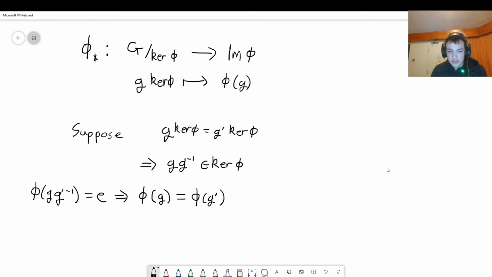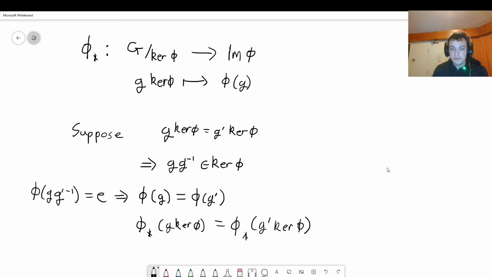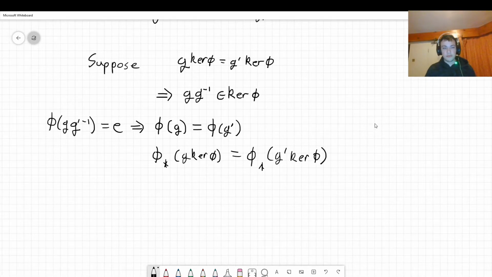And so phi star of g ker phi is equal to phi star of g prime ker phi. Okay, so the choice of representative doesn't matter, so it's well defined, that's important.